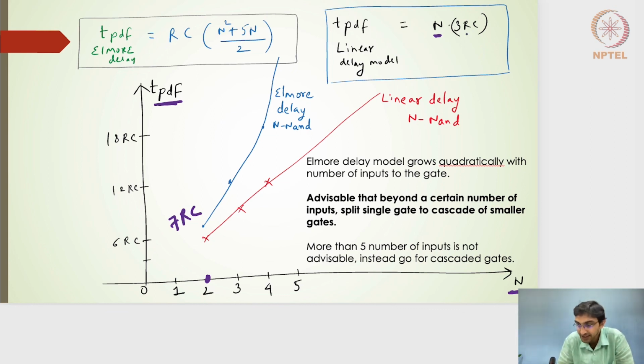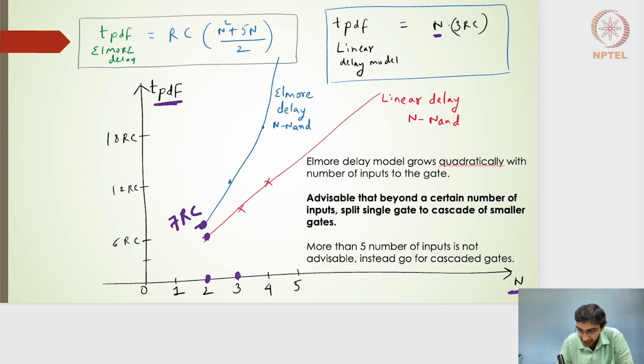So it will be N into RC. For a 2-input NAND gate, it will be 2 into 3 RC, which is nothing but 6 RC. The Elmore delay method gives me slightly 1 RC above, so there is a deviation.